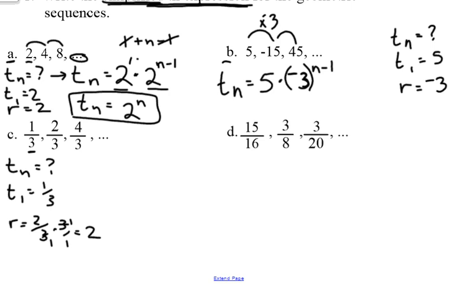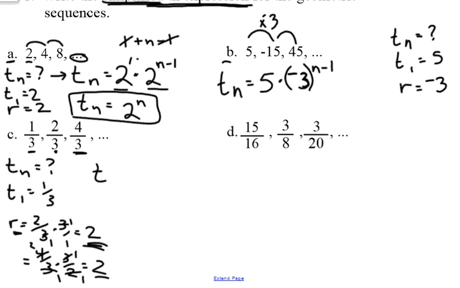Let's double check that though. Take term 3, 4 over 3. Divide it by the previous term, so I'm dividing by 2/3, which is the same as multiplying by the reciprocal. 3 and 3 cancel, 2 becomes a 1, 4 becomes a 2, and we get an R value of 2. So we know that R is 2.